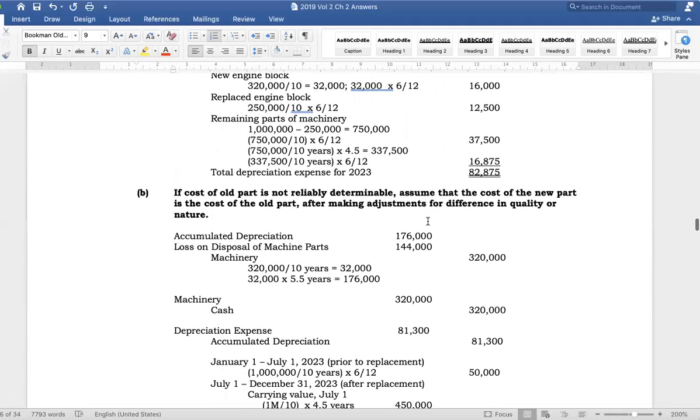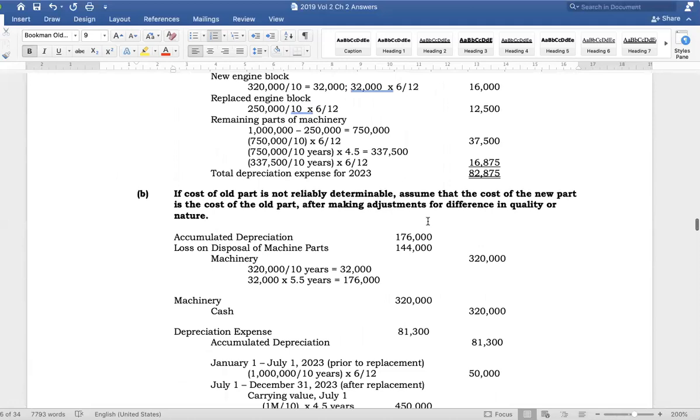So the assumed cost of the old part is 320,000 because that is the cost of the new part. So based on that, again, we will be recognizing the old part. We credit therefore machinery for the cost of the new part, 320,000. Debit accumulated depreciation, that is 320,000 divided by 10.